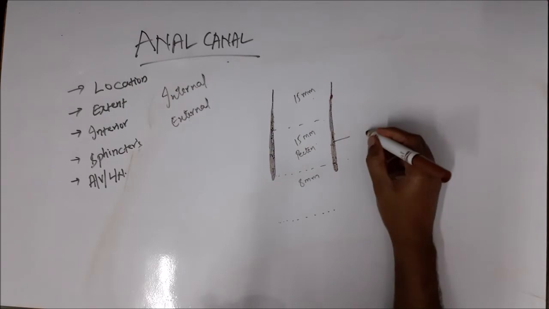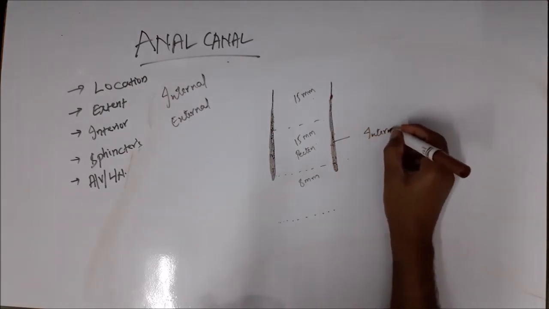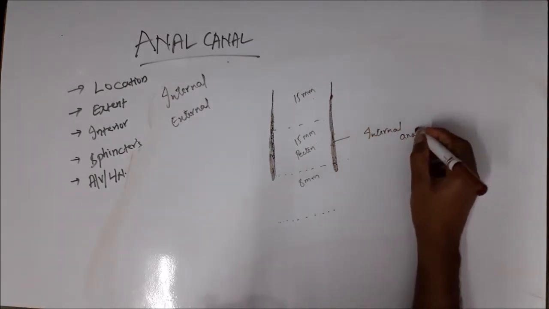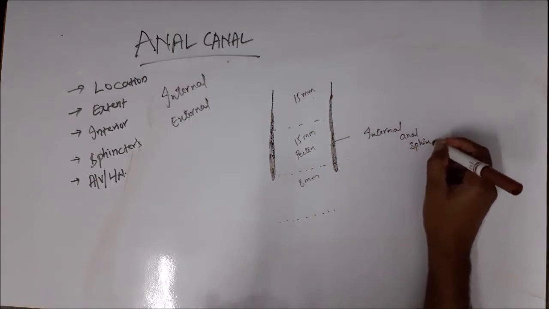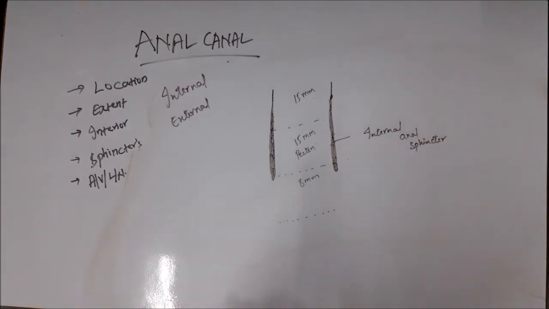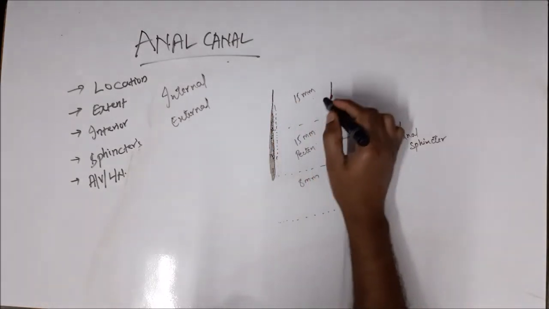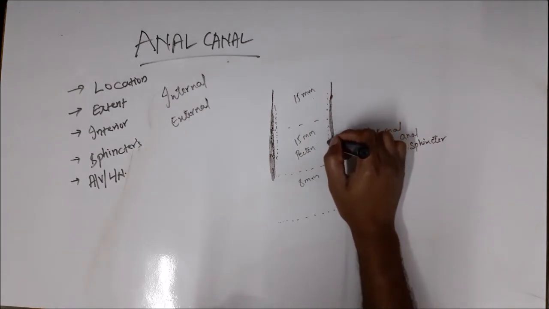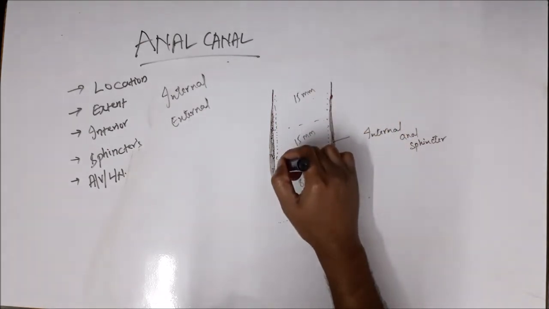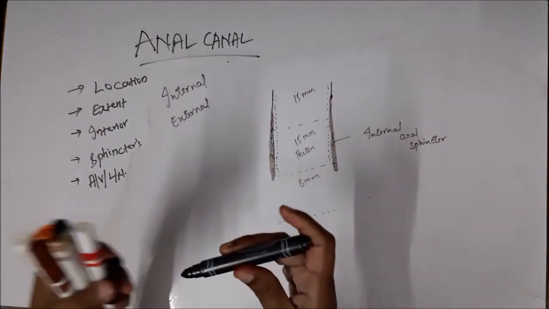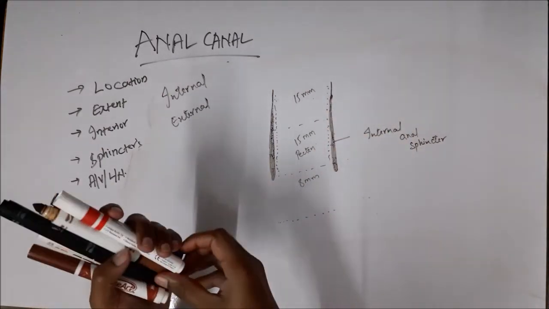So this is the internal anal sphincter, which is nothing but the modified inner circular muscle layer of the rectum. Deeper to this, underlying the mucosa, there are venous plexuses.